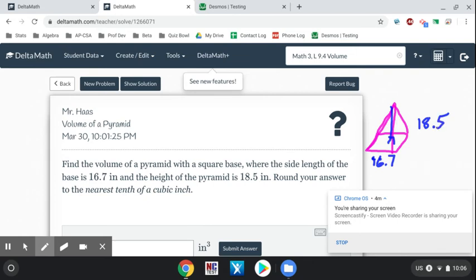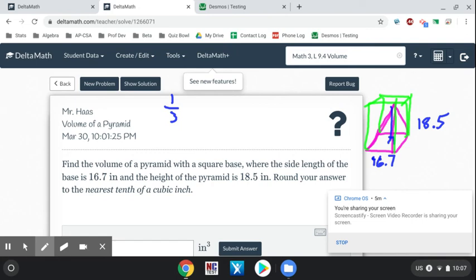So the formula here is going to be 1/3, because if I were to show you one more time, if I were to come straight up and do a prism, you can see that I've lost a lot of my area by only coming to a point instead of shaving it all the way around. So I've lost about 2/3 of the area.